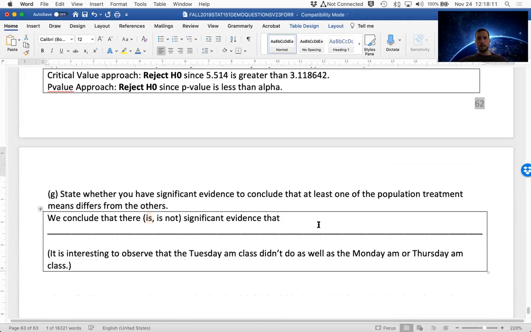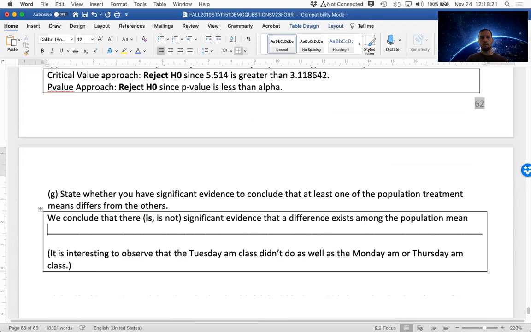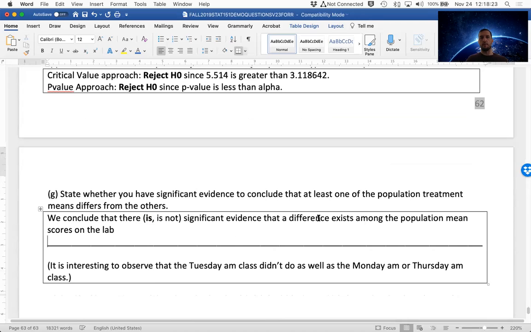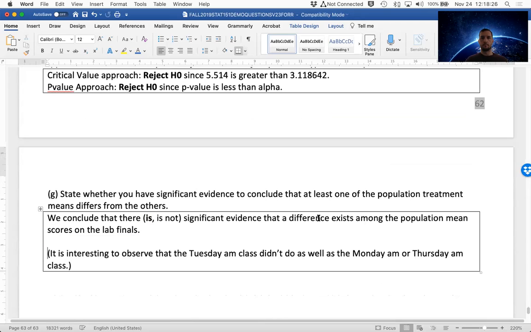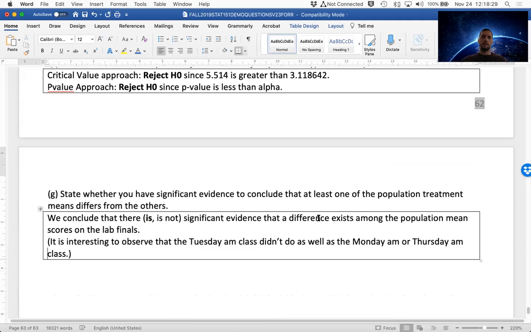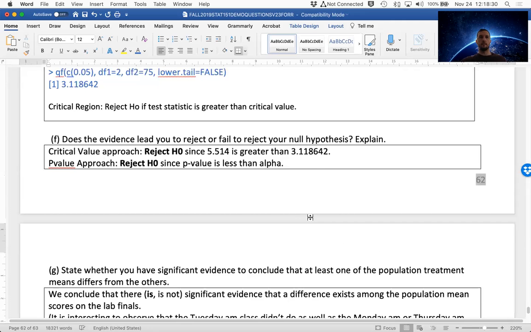So we conclude there is significant evidence that a difference exists among the population mean scores on the lab finals. And then there's a little note about those differences. Oh, and that's the end of the demo stuff.